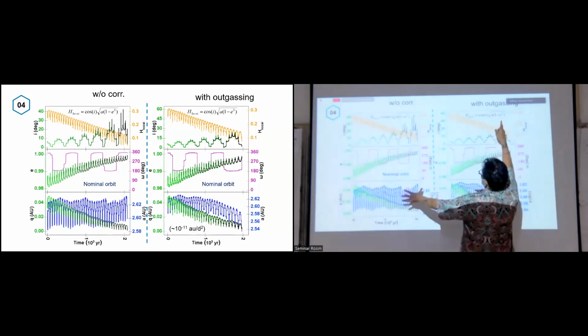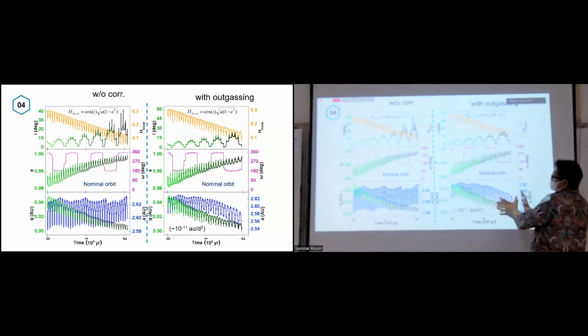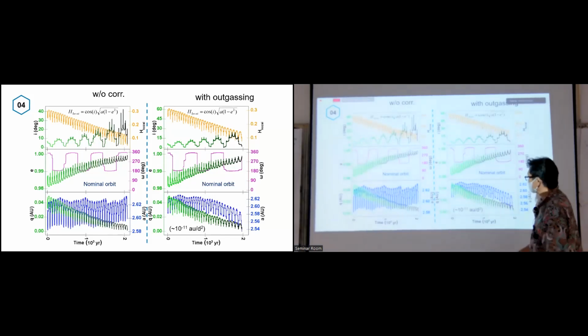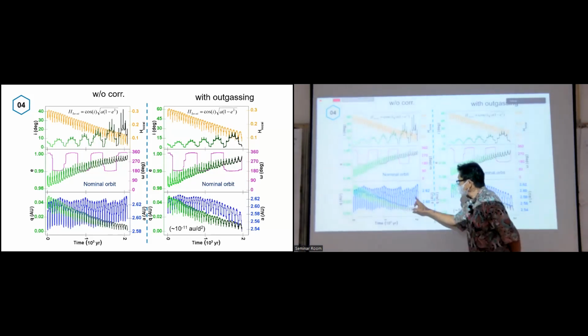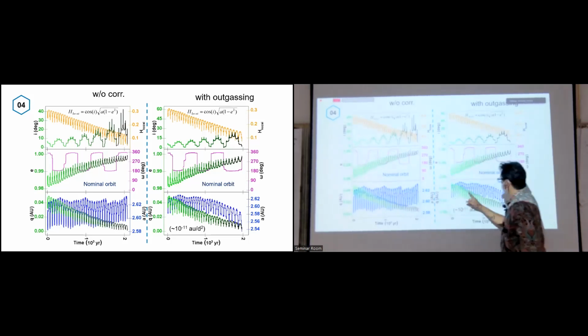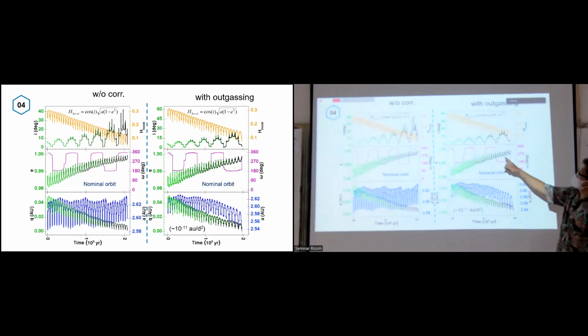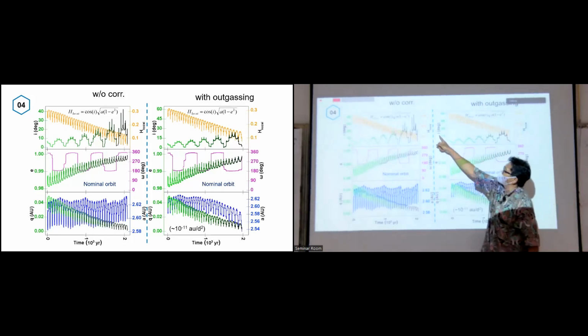Without outgassing correction, and this is with outgassing correction. You may see the blue variation here, different from if we put in the outgassing correction, and also for the inclination.